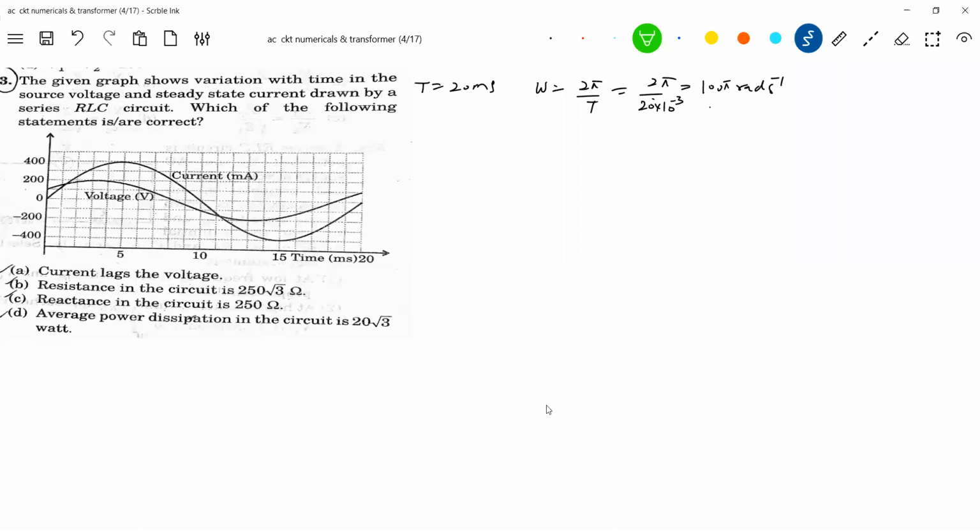So altogether, can we say it's a lag circuit? Current lags the applied voltage. So therefore, it's a lag circuit here. This much I can write here. How to get things here, no?